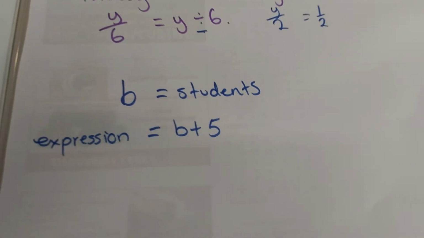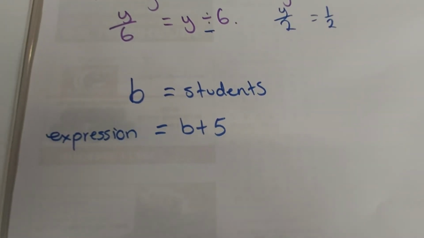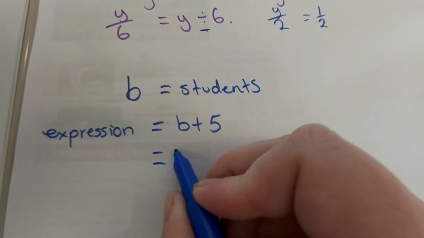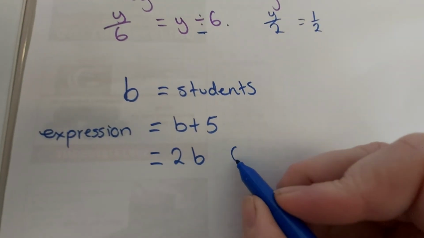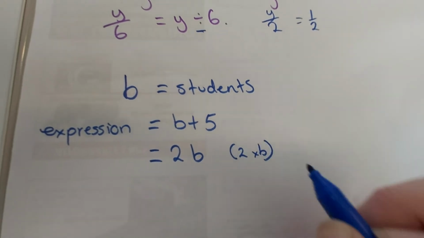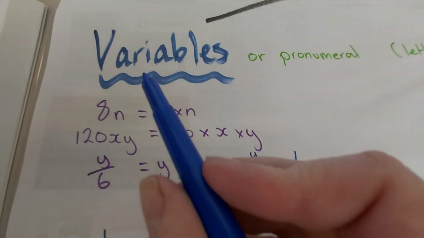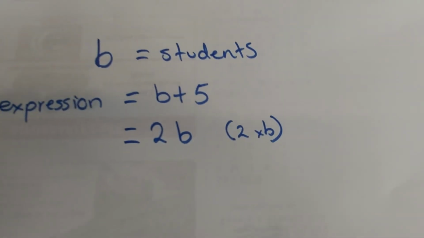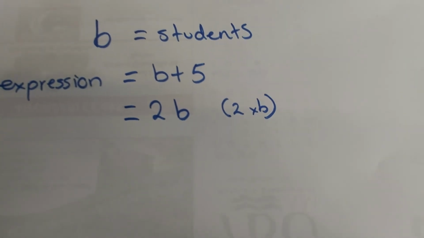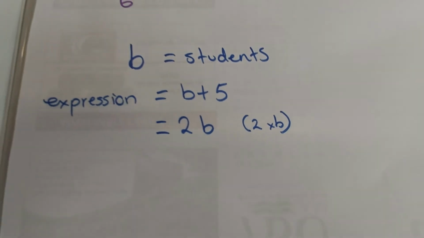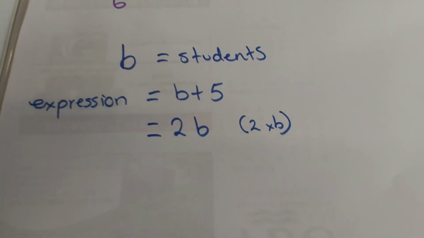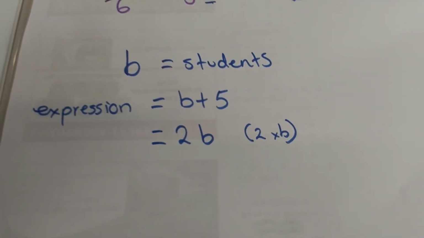Now, if our class doubled, okay, the expression would be 2B. Your initial response is going to want to be 2 times b, but remember, we just write it as 2b. Now, if I have a look at our population increasing by 50, what do you think that would look like?